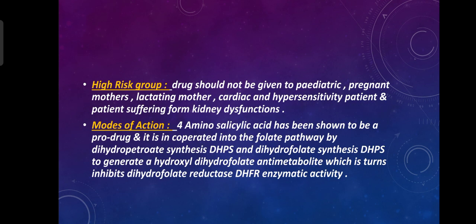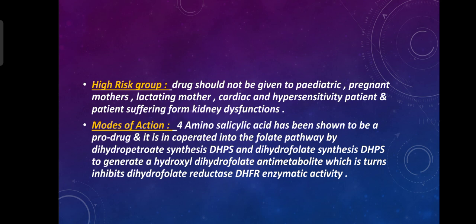High risk group. Basically, as you know, every drug has its side effects. So the high risk group, which is more intolerant to this drug, should not be given it. You can easily think that it should not be given to children.